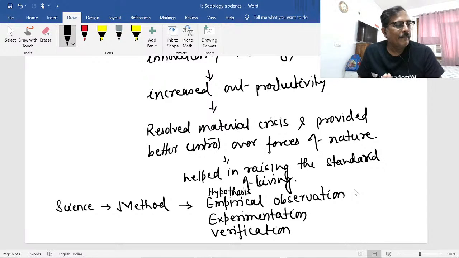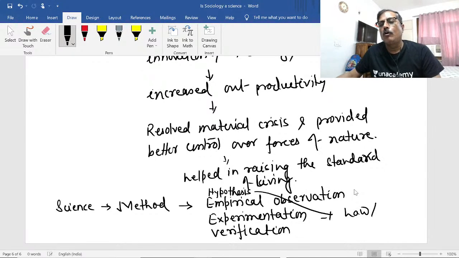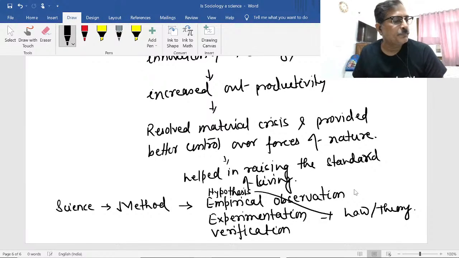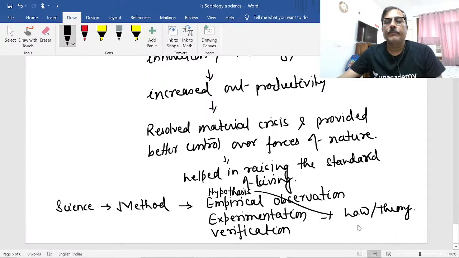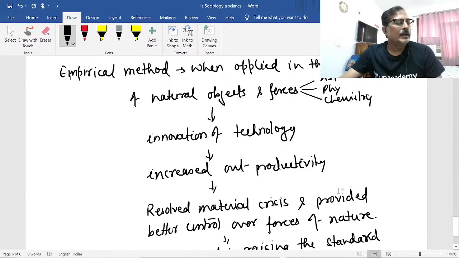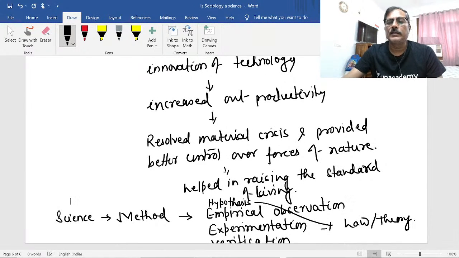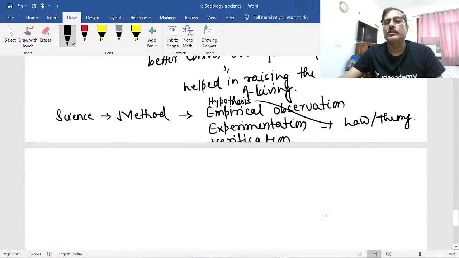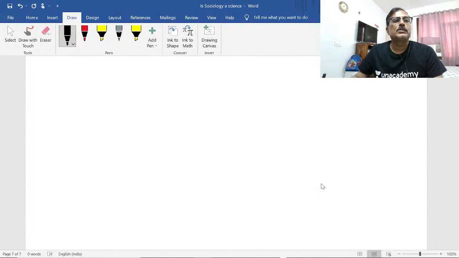And if on repeated experiment the conclusion was similar, then the hypothesis was said to stand verified, and that hypothesis at that time became law, or what we know as theory, right? Now this definitely helped a lot in the development of what we generally know as natural science, right?